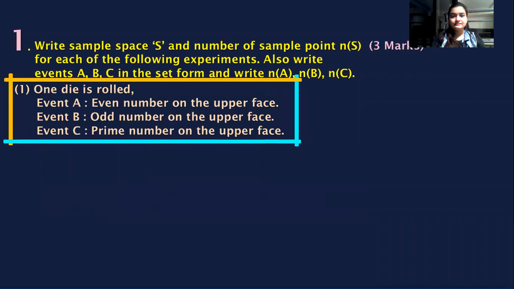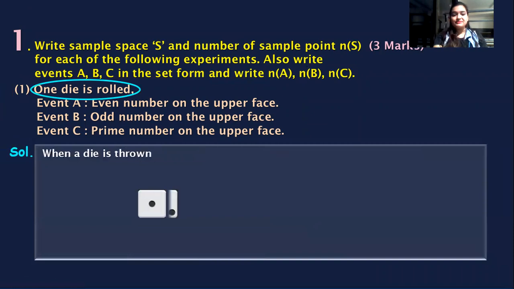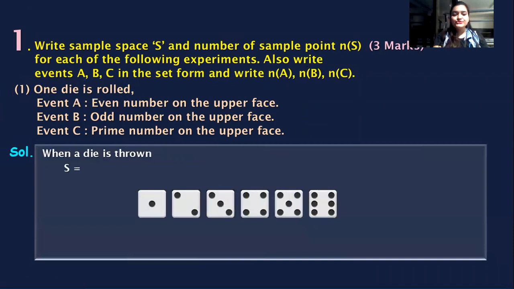Now guys, just an example of how to write sample points, sample space, events. One die rolled. First of all, you will write down the sample space for one die thrown: 1, 2, 3, 4, 5, 6.